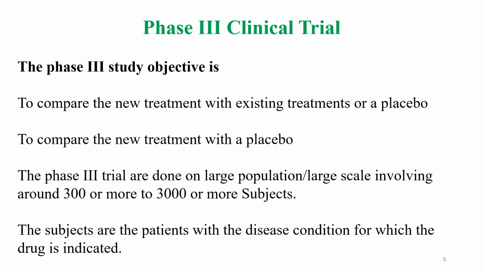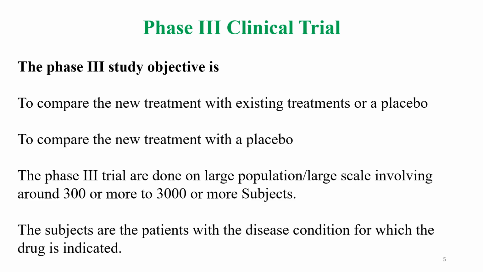Phase 3 clinical trials are done with the aim to compare the new treatment with the existing treatment or a placebo. So in the phase 3 clinical trials, the subjects are given the drug under evaluation, that is the drug undergoing phase 3.